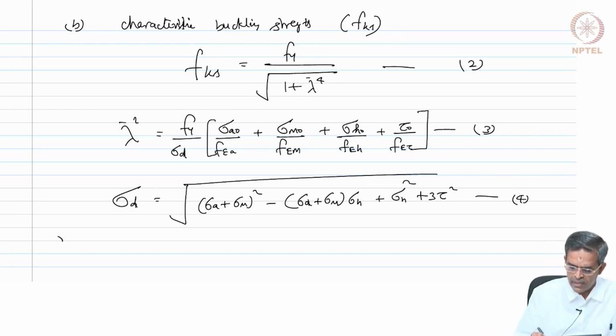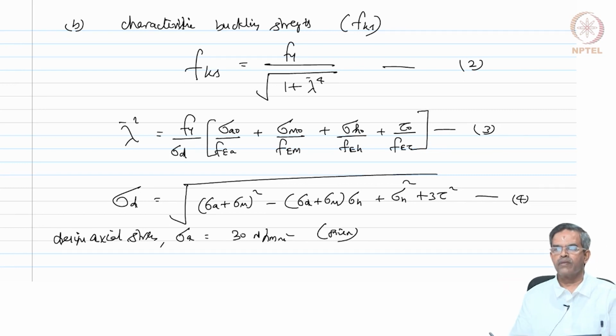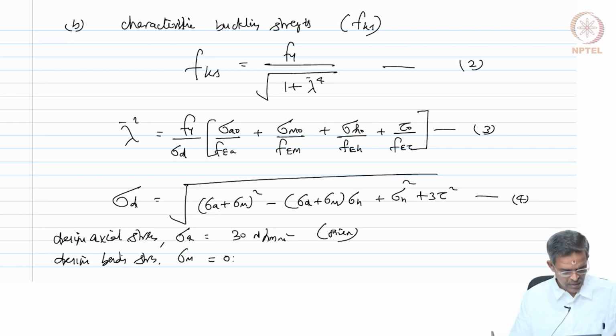We know the design axial stress applied on the problem, sigma A, is 30, which is given in the problem. And the design bending stress, sigma M, we should take as 0 because we are saying it is under pure axial stress.